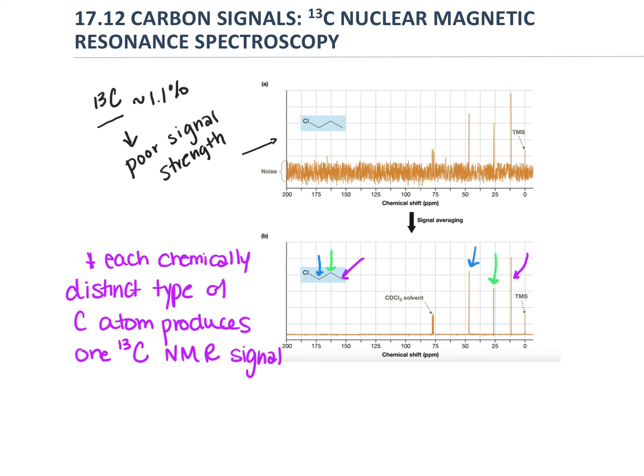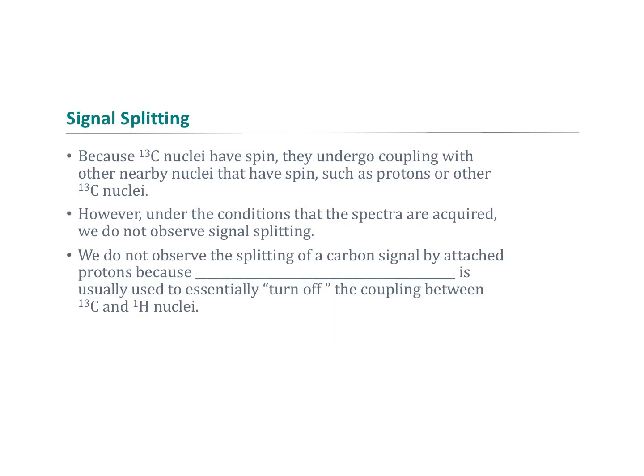Now, one of the beautiful things about carbon spectra is that I want you to notice there is no splitting here. Each carbon is only going to give us one peak, which students tend to love.